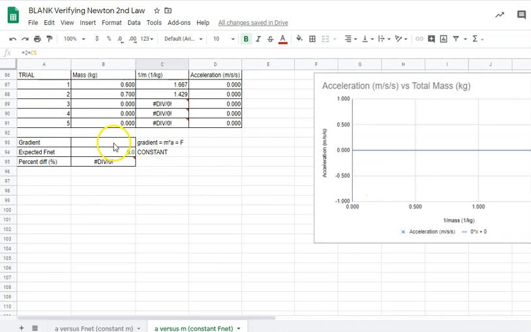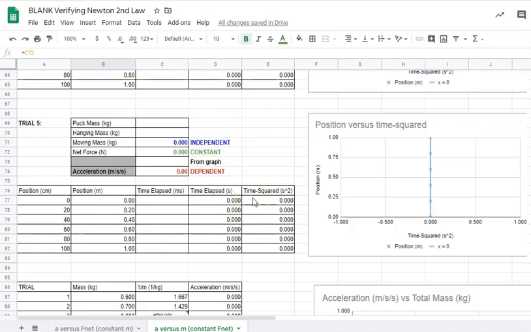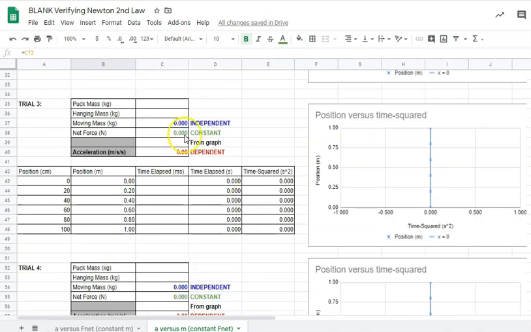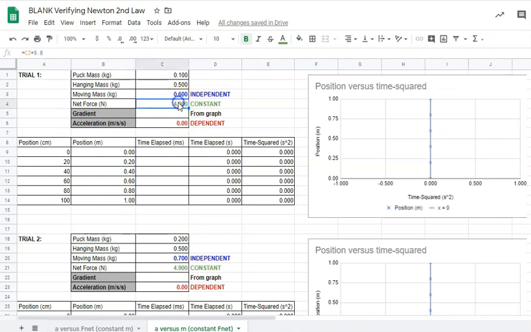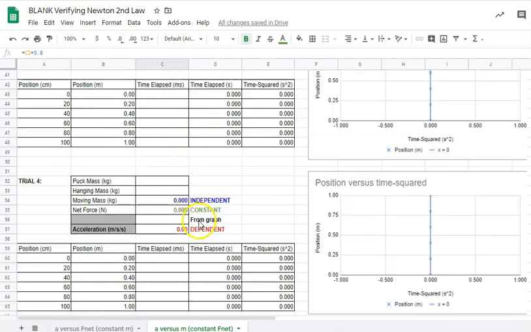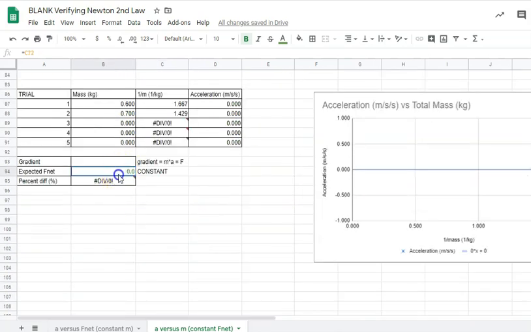But in this case, we've got acceleration versus the inverse of mass, or 1 over mass. So the gradient, as we discussed in class, is equal to mass times acceleration, which is the net force. So the gradient of this graph will give us the net force. The expected net force is constant, so it will be taken off here. So 4.9 is what this one should be.